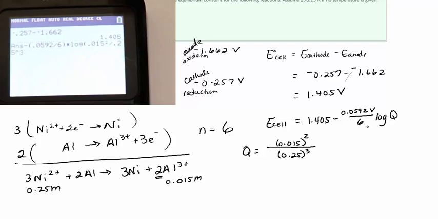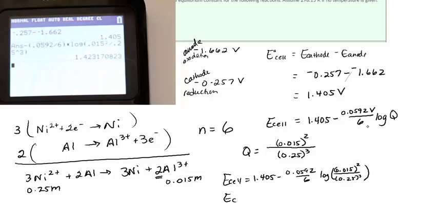So when you put all of this in the calculator, you should get a non-standard E cell value of 1.423 volts. So it was spontaneous at standard conditions, and it is spontaneous at these as well.